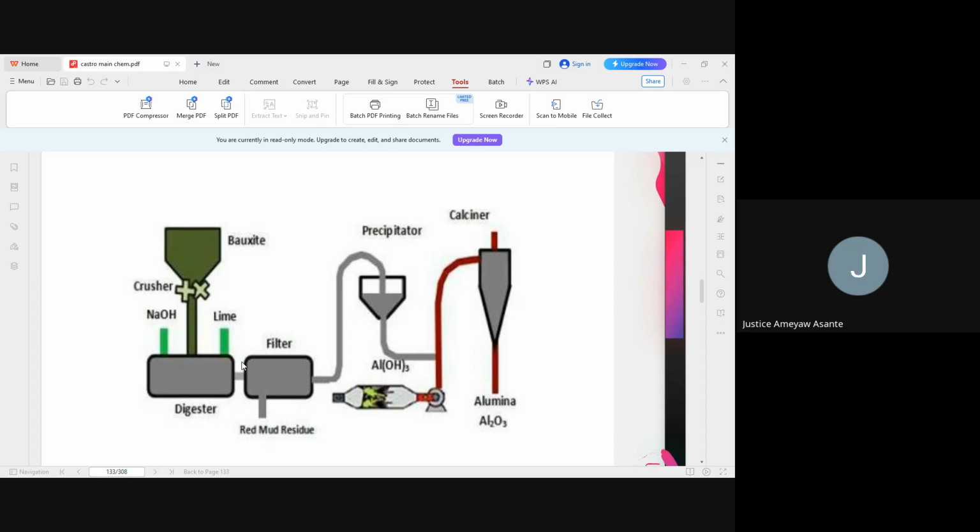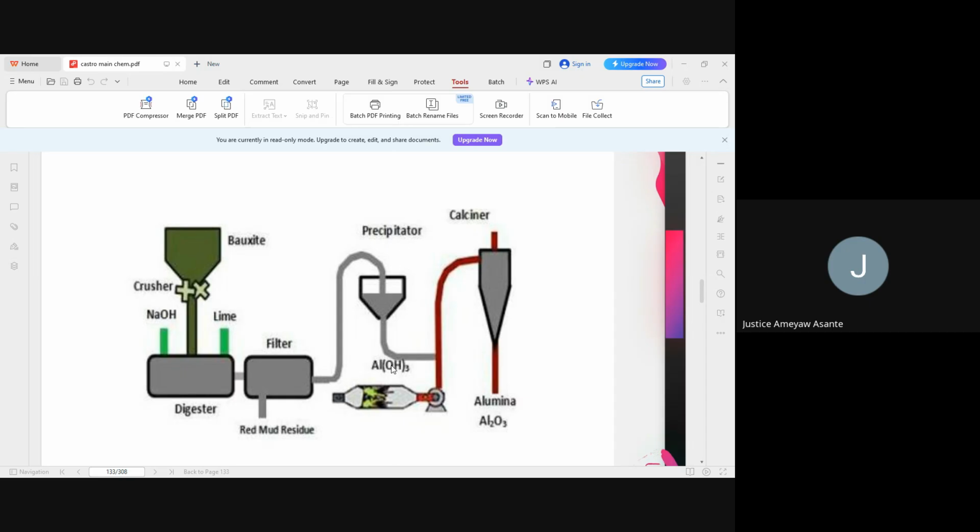But the iron and the titanium oxide are not converted. So they move to the filter where the filtration takes place.